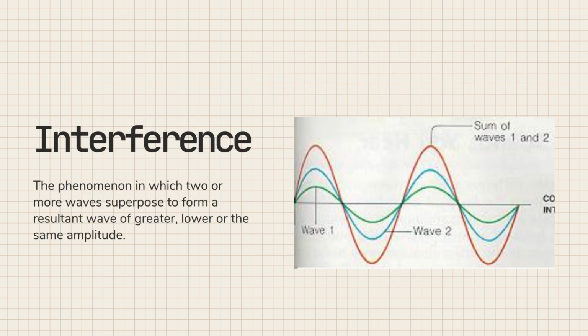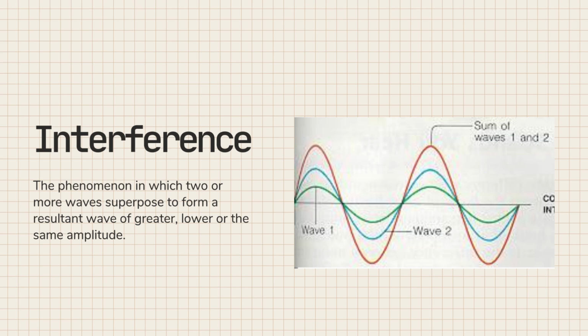Let's move on to interference. What is interference? Interference is the phenomenon in which two or more waves superpose to form a resultant wave of greater, lower, or the same amplitude. We can see from the diagram here, there are three waves: the green, blue, and red waves.